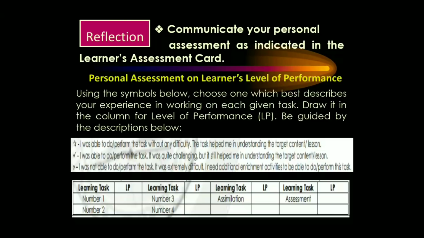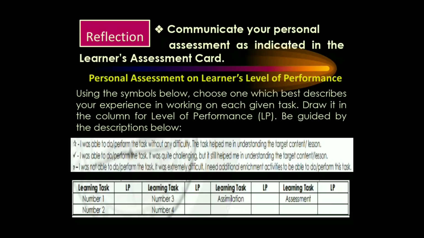Put a check if you were able to perform the task, if it was quite challenging but it still helped you in understanding the target lesson or content. And the question mark if you were not able to do or perform the task, and if it was extremely difficult that you need additional enrichment activities to be able to perform the task.